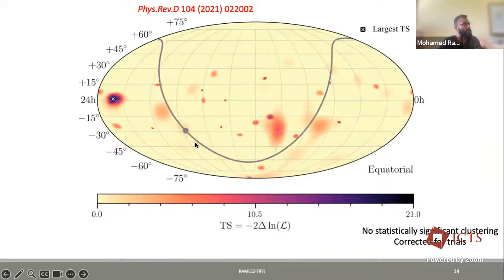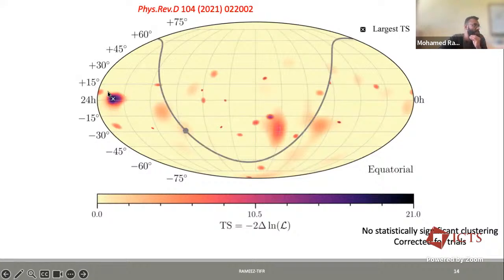However, if you make a sky map of the arrival directions of all of these events, you don't see any obvious statistically significant clustering. This is because at least 3 out of 4 of these events are cascades, and only 1 out of 4 are tracks. The tracks have good resolution, but the cascades don't. And if you try to look for statistically significant clustering, you don't get any evidence of a significant cluster.